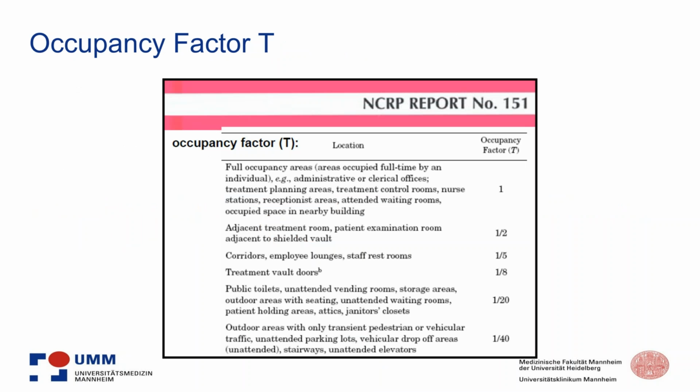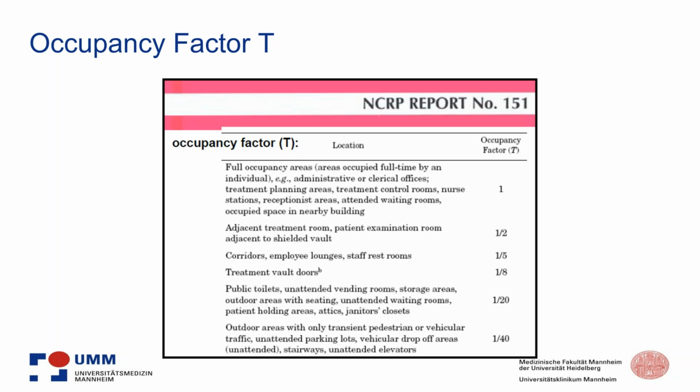Occupancy factor. This is important for the surroundings. So what is around the treatment room? What is above? What is below? These areas could be occupied by other persons, or, for example, these areas could be in the public.